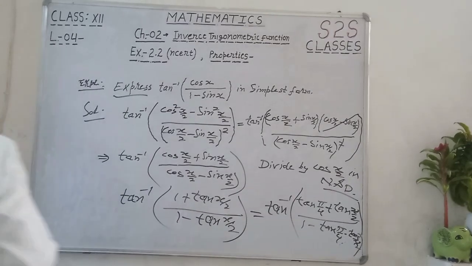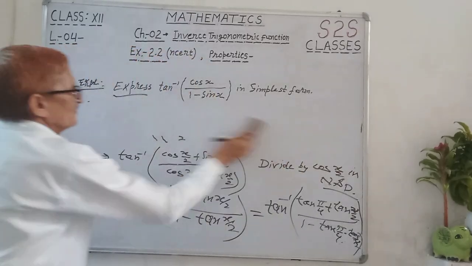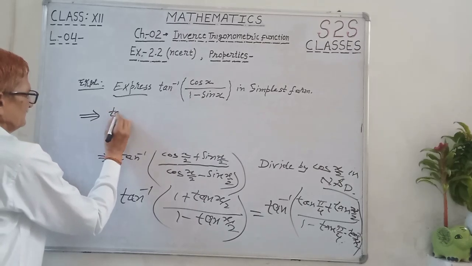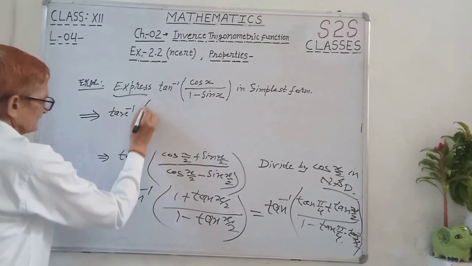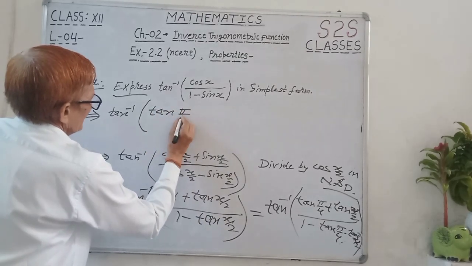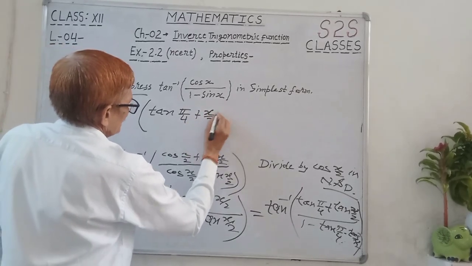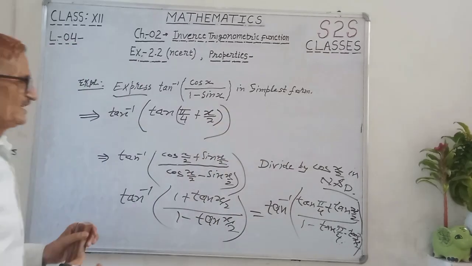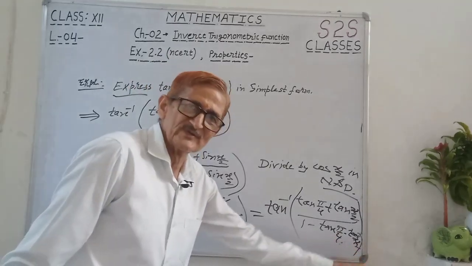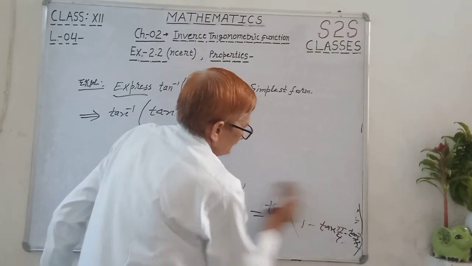So going forward, we can write tan inverse of tan of a plus b inside the bracket, where a is pi by 4 and b is x by 2. Tan a plus b is tan a plus tan b upon 1 minus tan a into tan b. So replace by this formula. We have read this in plus 1, we should remember this.